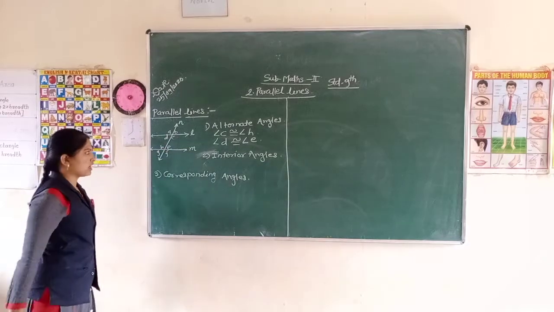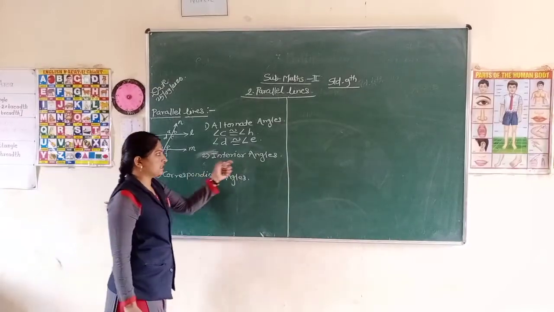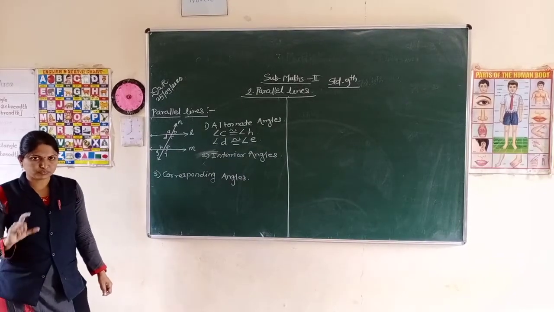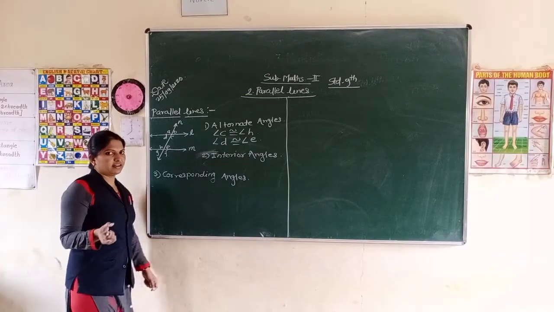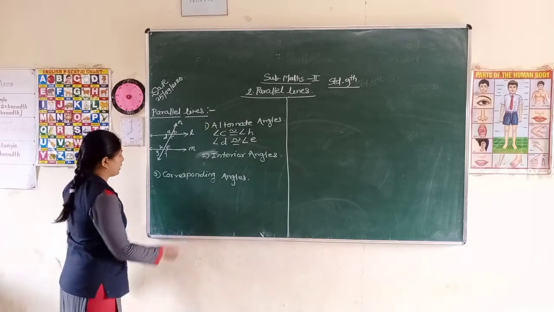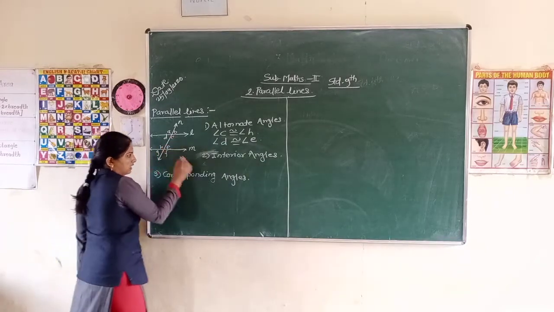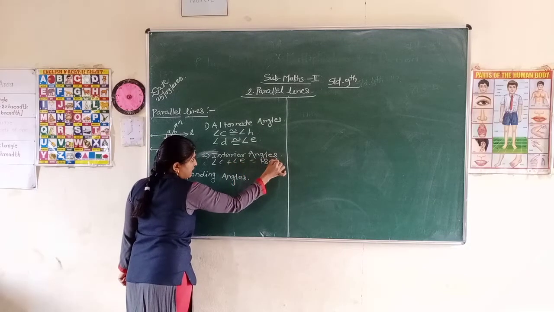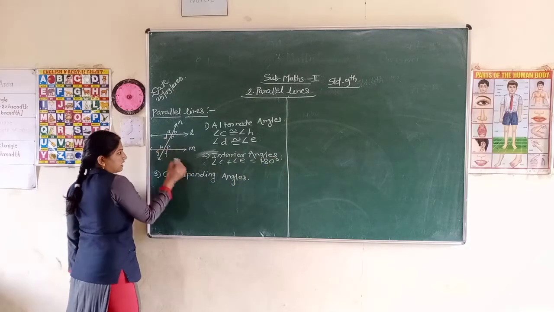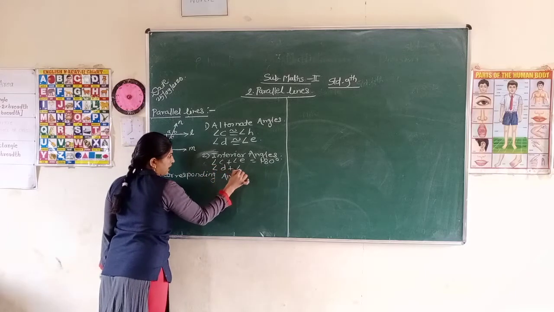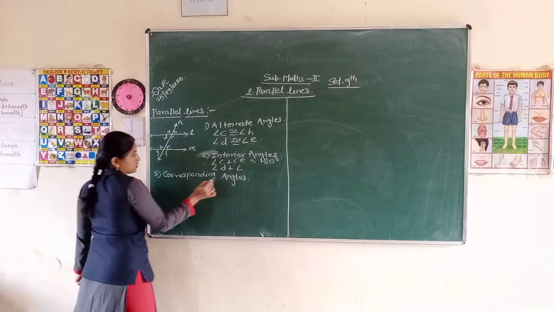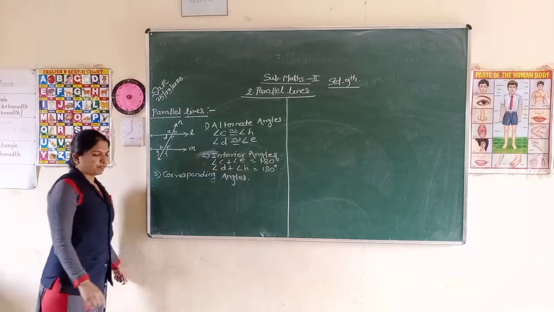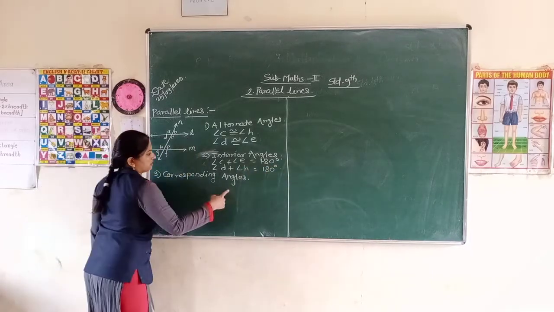These two pairs are of interior angles, and the property is that the sum of interior angles is 180, or interior angles are supplementary angles. Okay, means angle C plus angle E equal to 180 degrees, and here angle D plus angle H is 180 degrees. Okay, now corresponding angles.